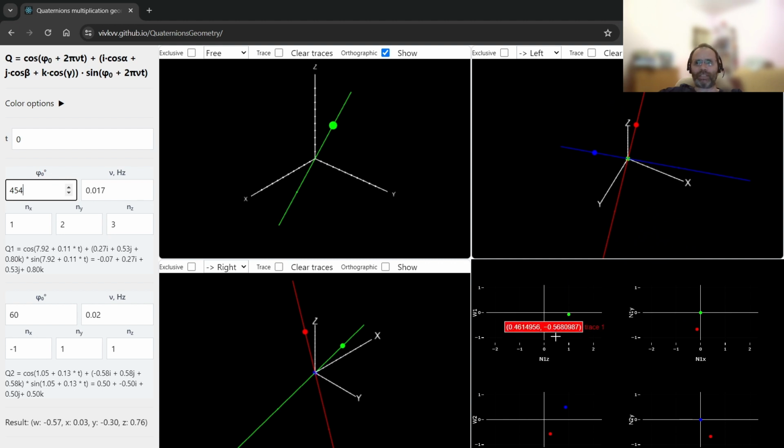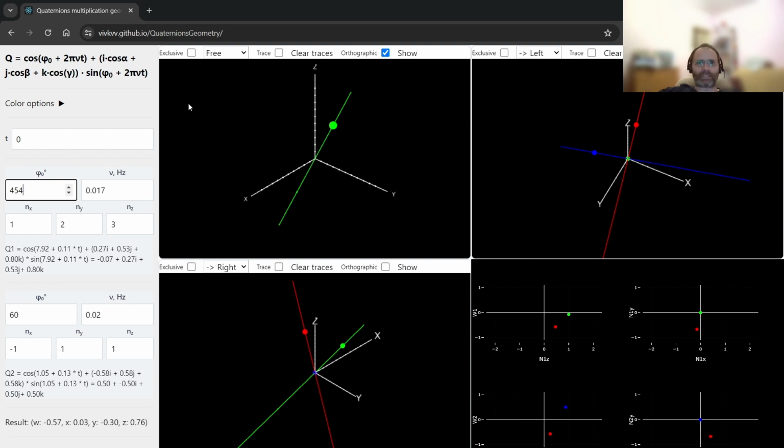The red dot here represents the resulting quaternion, and its display cannot be turned off. The two lower graphs display the projections of the second and resulting quaternions in a coordinate system where the axis of the second quaternion is oriented along that axis.